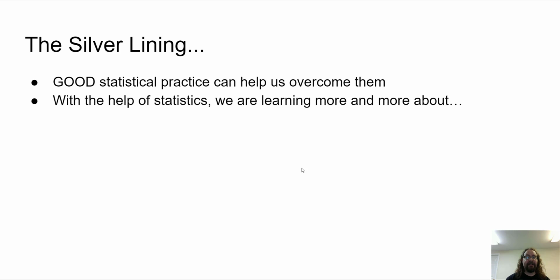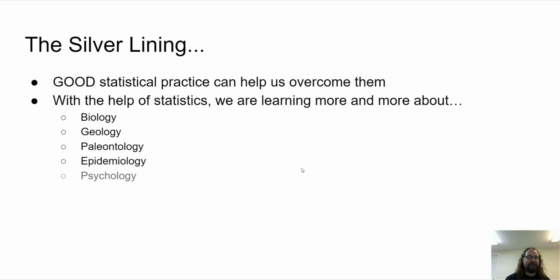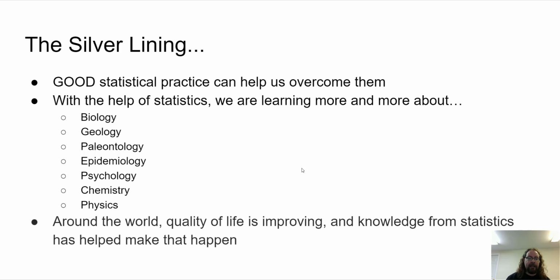And with the help of statistics, we are learning more and more about biology, geology, paleontology, epidemiology, psychology, chemistry, physics, and this is just to name some of the sciences that we are using statistics in to learn more and more information about. And around the world, despite how everything can look from time to time, from a lot of statistical measures, the quality of life of everyone on the whole is improving, and knowledge from statistics has helped make that happen.